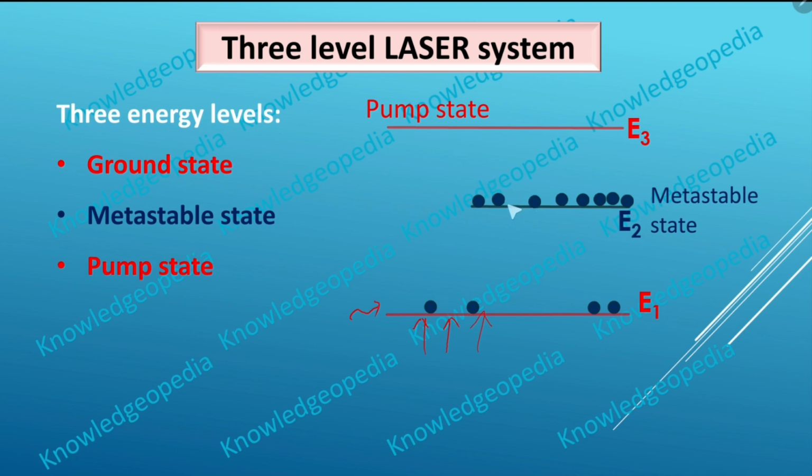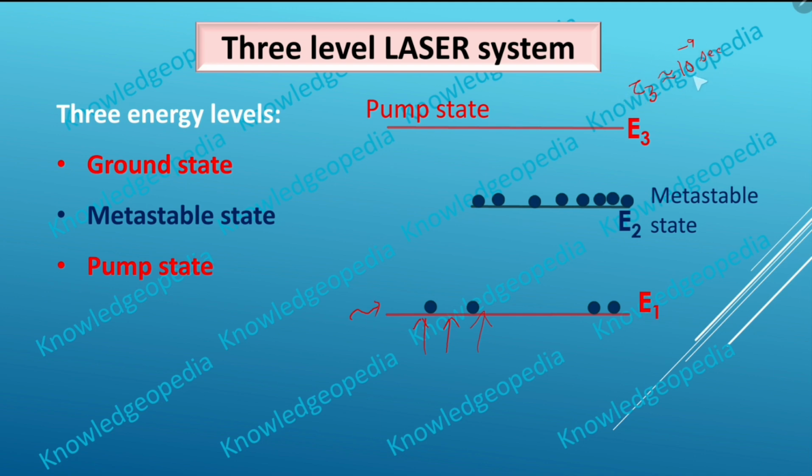Now the lifetime comes into the picture. The lifetime of atoms at energy level E3 is tau 3, which is of the order of nanoseconds to picoseconds, so 10 to the power minus 9 seconds to 10 to the power minus 12 seconds.